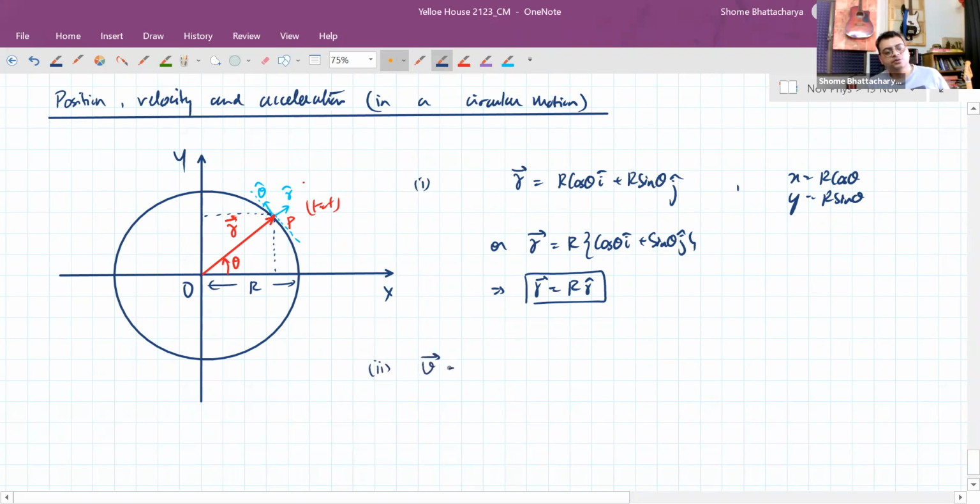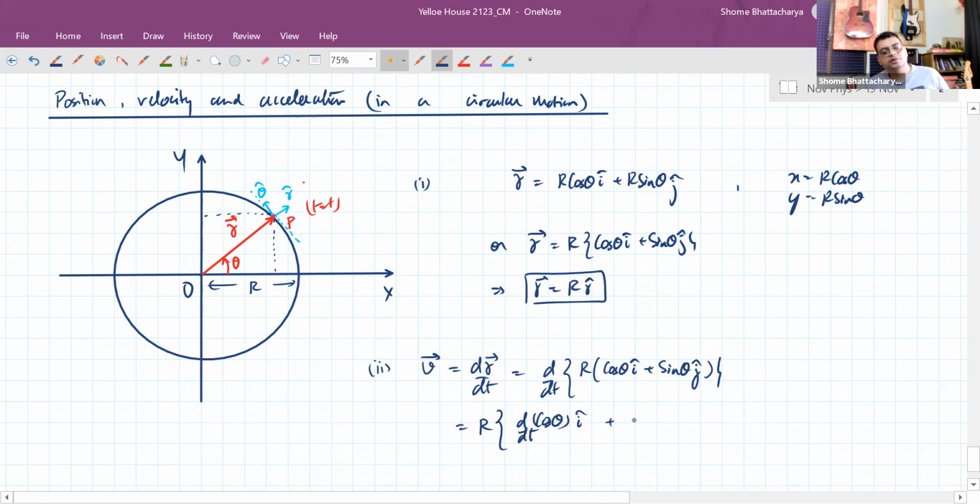Now, based on this, we come to velocity, which is this quantity. So it's differentiation of capital R into cos theta i cap plus sin theta j cap. So when we perform this differentiation, we can see capital R is constant. So we'll bring it out. So it's the rate of change of cos theta into i cap plus the rate of change of sin theta into j cap.